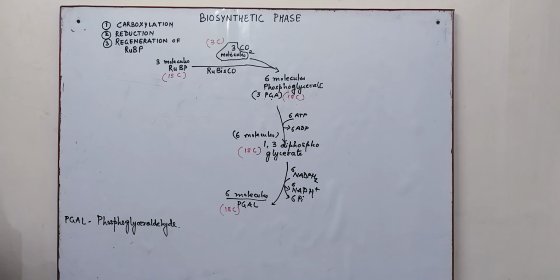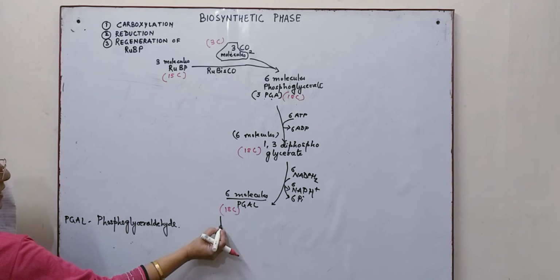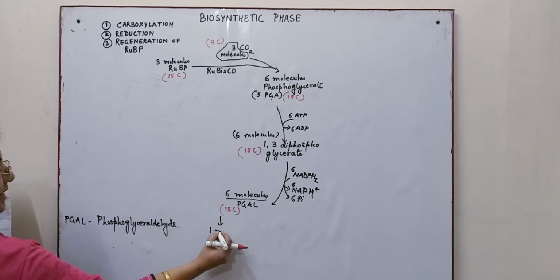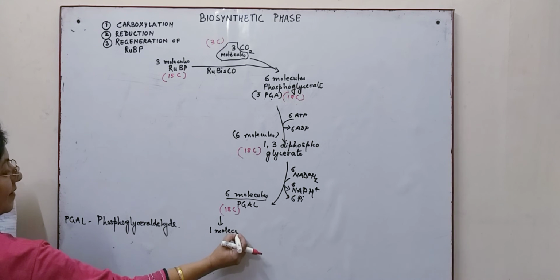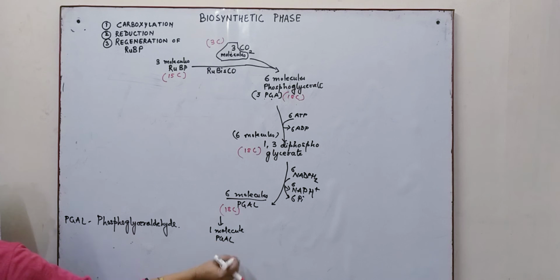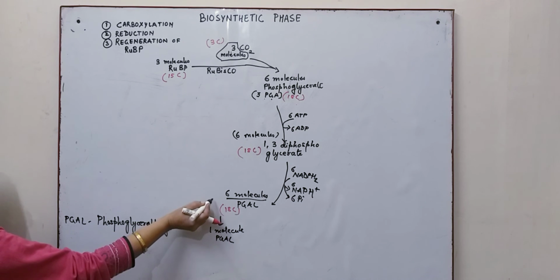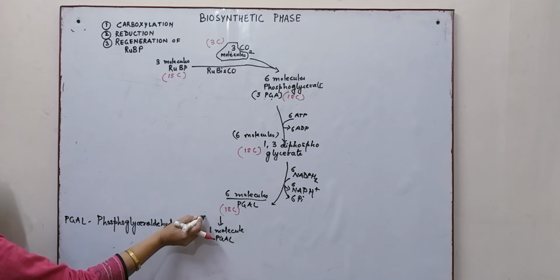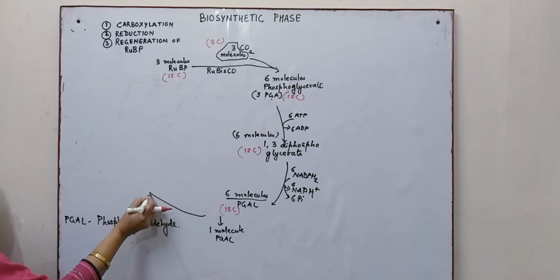Out of these 6 molecules of PGAL, 1 molecule of PGAL will move out of the cycle and the remaining 5 will continue with the cycle.